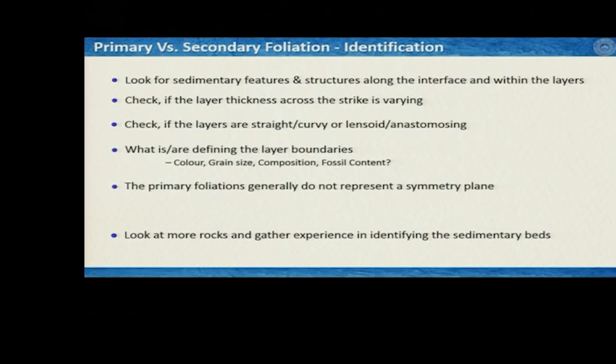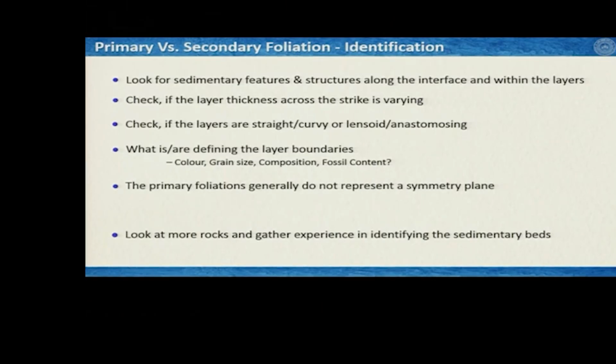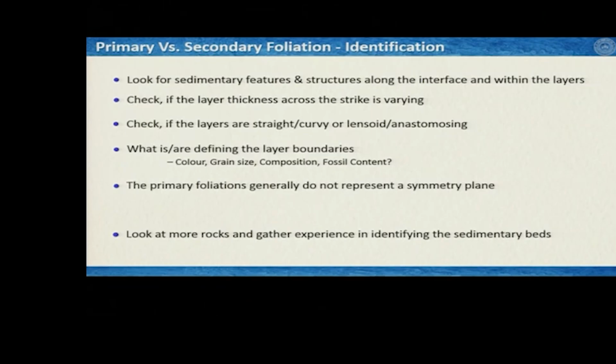So, here is a summary of how to differentiate or identify secondary and primary foliations in the field. First of all, it is something that one should always think when they go to the field, what is the primary foliation and what is the secondary foliation, how they are oriented and so on.